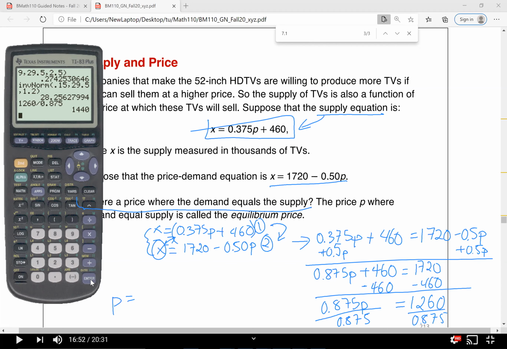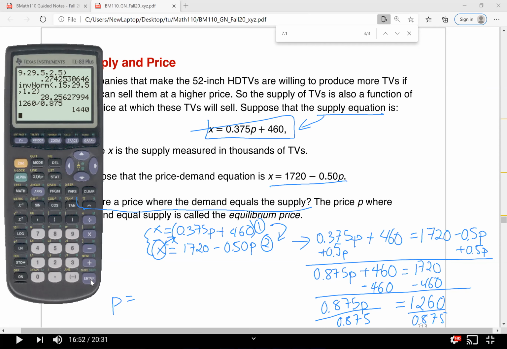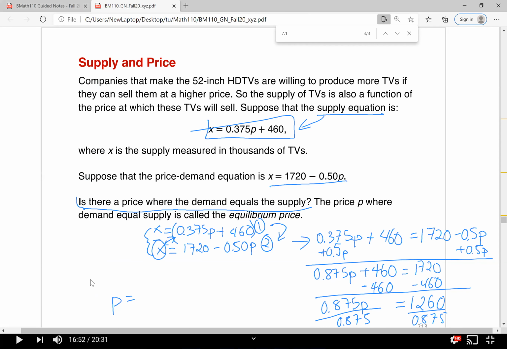And then I have p equal to $1,440. That's going to be the price where demand is equal to the supply, or the equilibrium price.